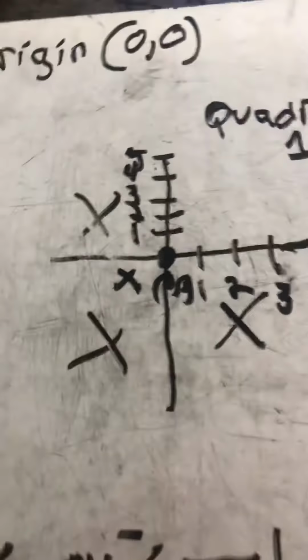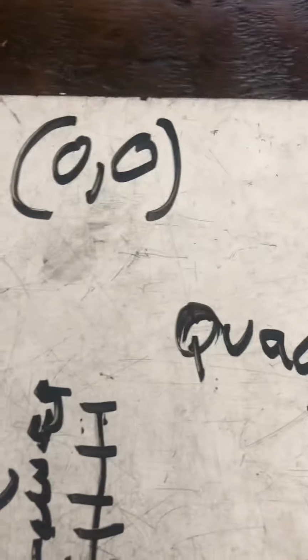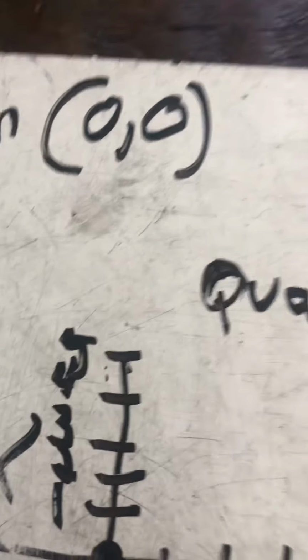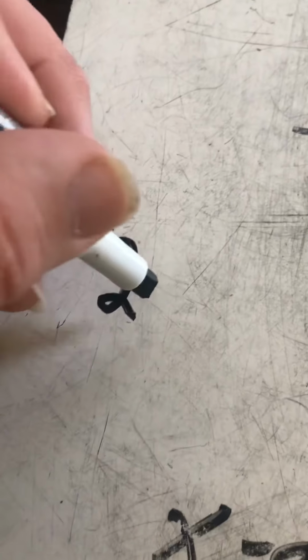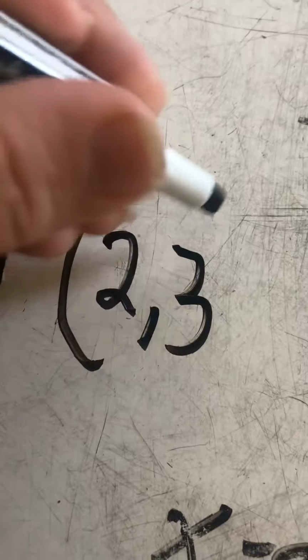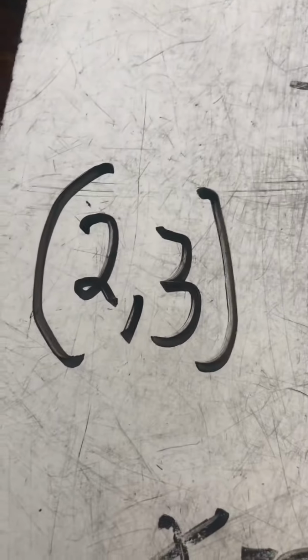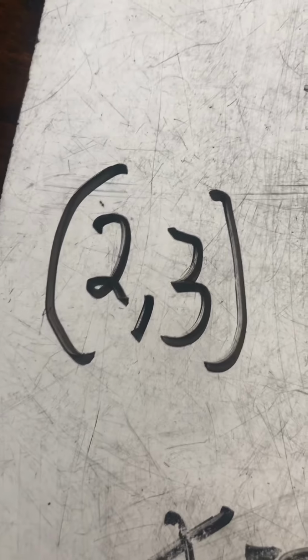Now let's talk about coordinates. I told you up here, those coordinates are 0 and 0. So if I wanted to put some coordinates here, let's just say we're going to start with some small numbers. 2 and 3. If I said plot those on the coordinate plane, I would need to find where those numbers go here.